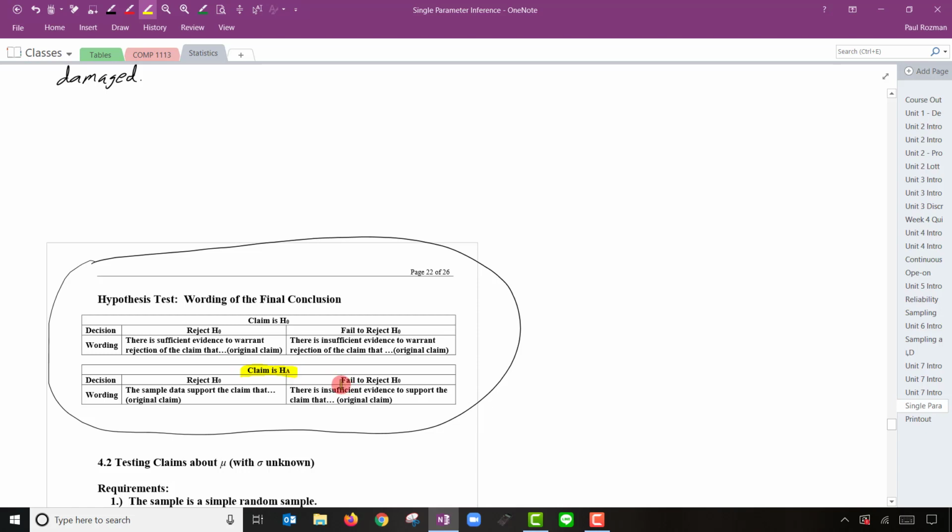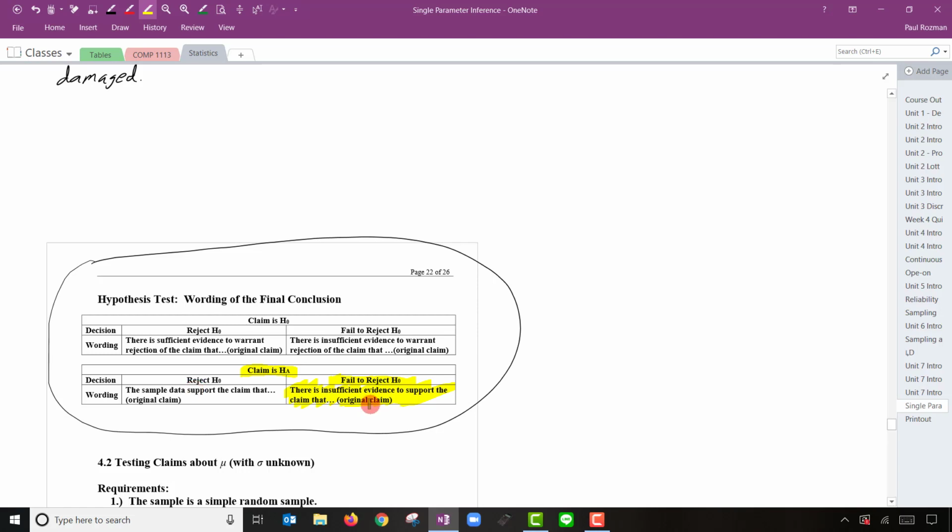And then our decision was fail to reject H0, and then we word our answer accordingly. You'll notice that in the fail to reject cases, we have weaker wording than the reject the null hypothesis cases. So I'm very picky about this wording. Because you have this little chart available to you, make sure you check it before you write your conclusion.